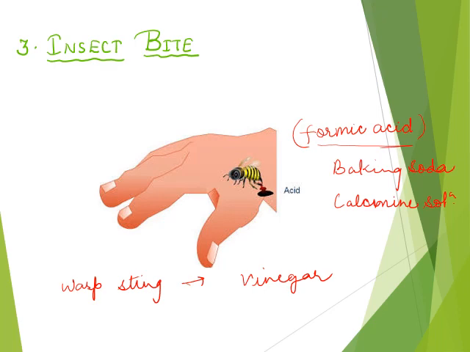Because it will neutralize the basic effect of this sting, being acidic in nature. Vinegar has acetic acid, and this acetic acid will neutralize the basic effect of this wasp sting and give you relief.